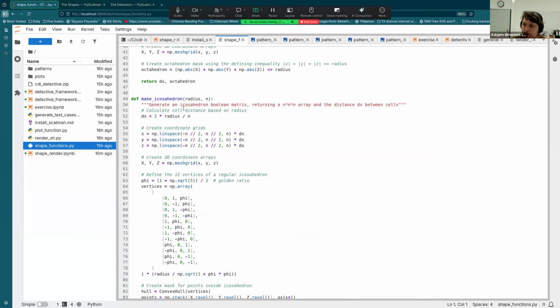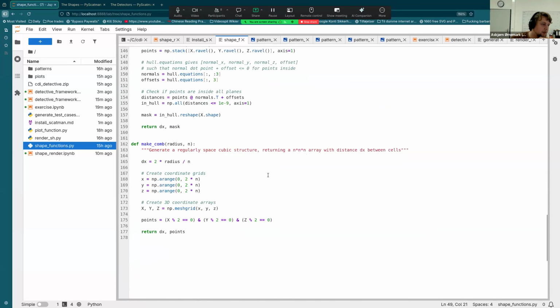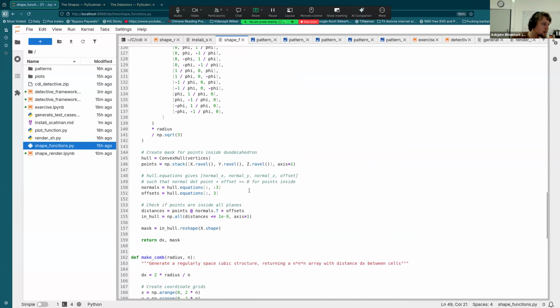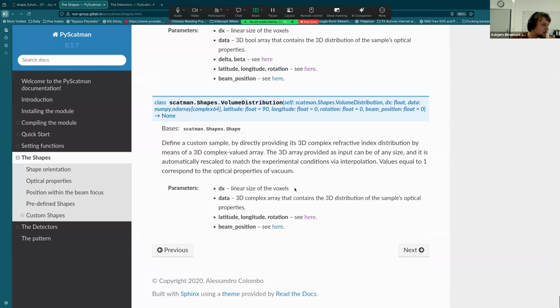So here you can even do duck shapes or whatever if you want to simulate that. I don't have a good duck model, sadly. But anyways, these ones are just made to plug into this volume map, and yeah, it works more or less.